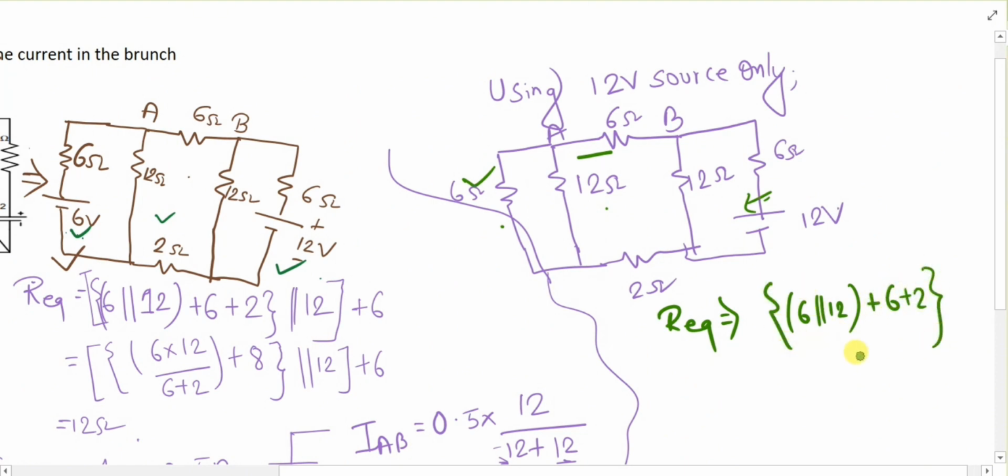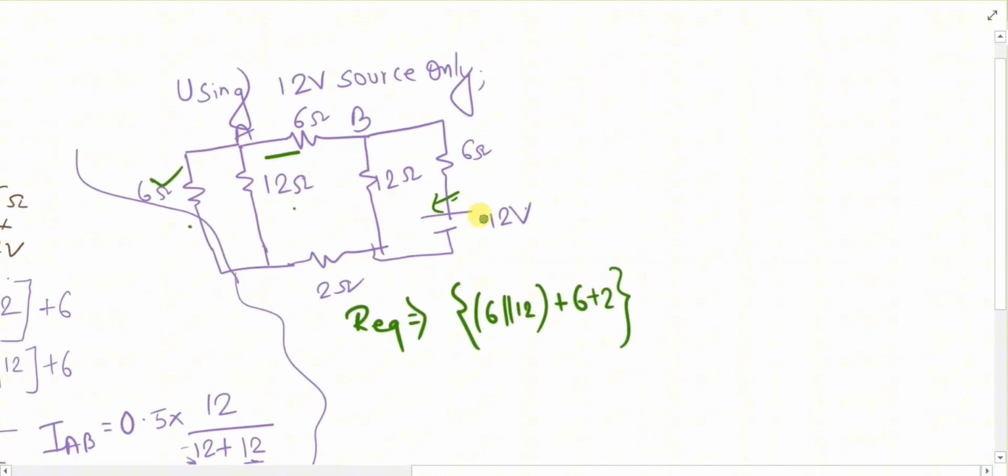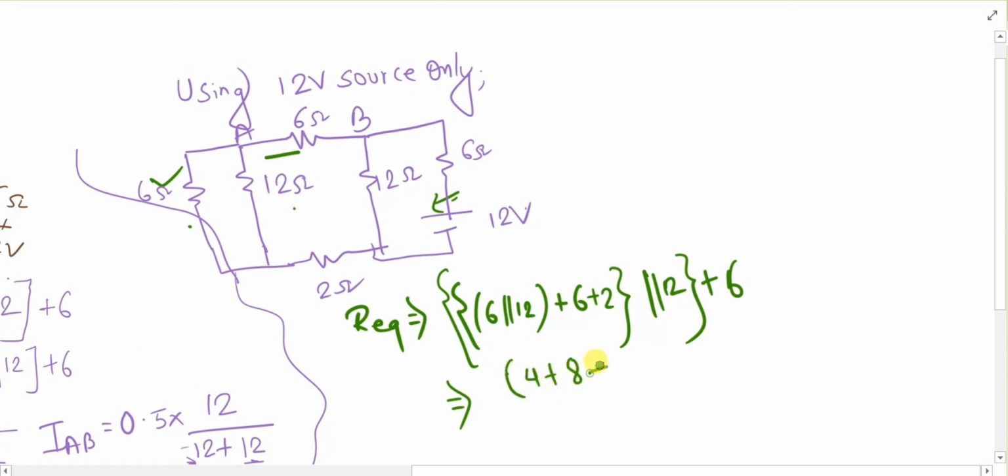Once it is done, you can notice that these are in parallel with 12 and are in series with 6 ohm. If you solve them, you will get 4 plus 8, and 8 is parallel with 12 plus 6.